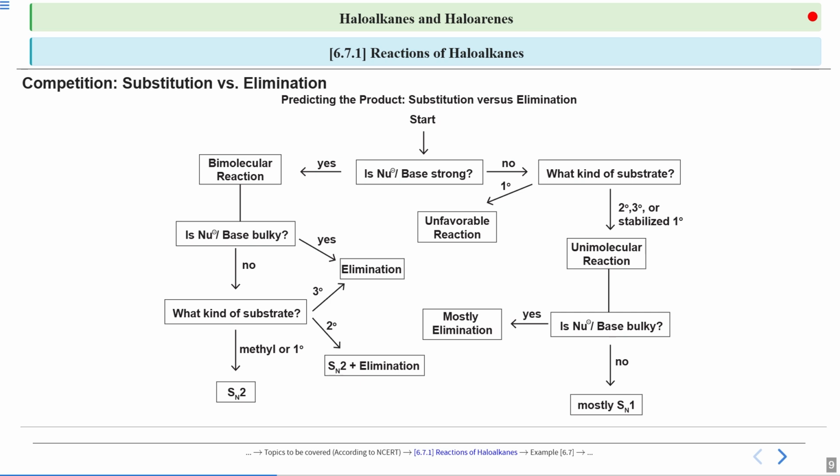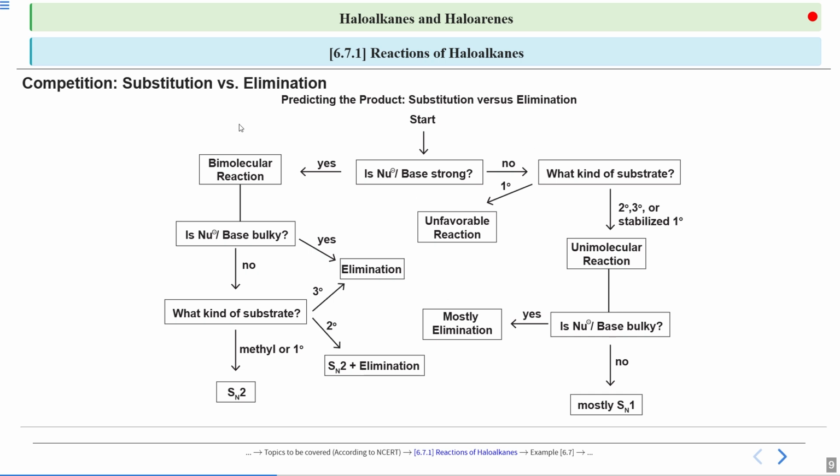Okay. So if you look at the summary, the SN2 reaction, the bimolecular substitution nucleophilic mechanism, will be favored by strong and non-bulky nucleophiles.